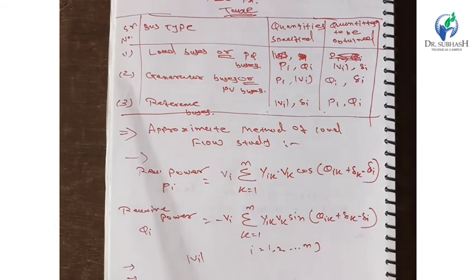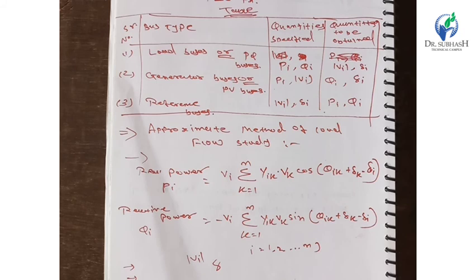The next point is that system stability considerations impose a limit on the maximum value of the angle delta. This is for stability purposes. The next point is that all the buses other than the slack bus are PV buses.